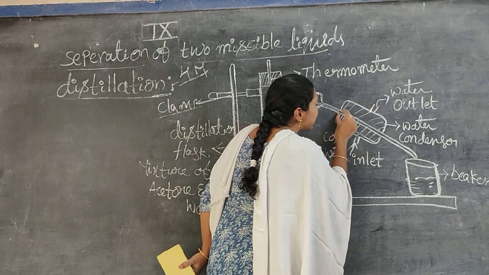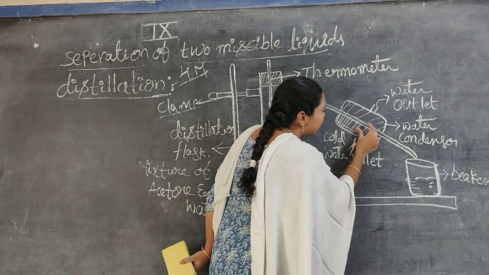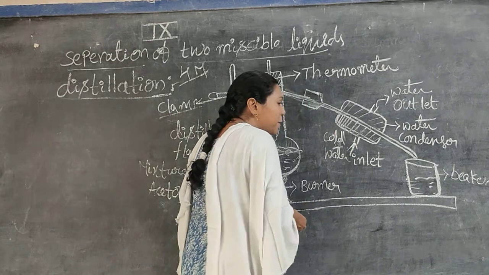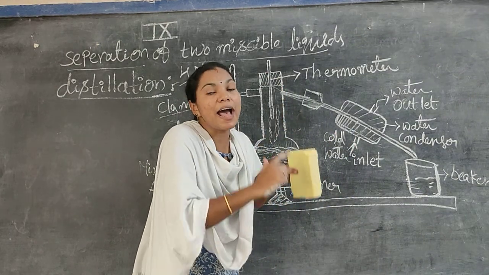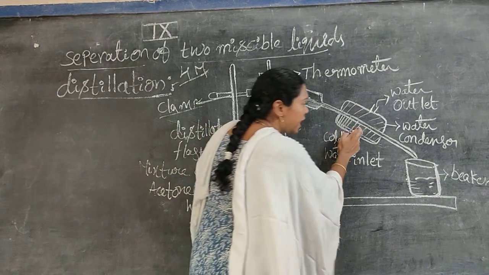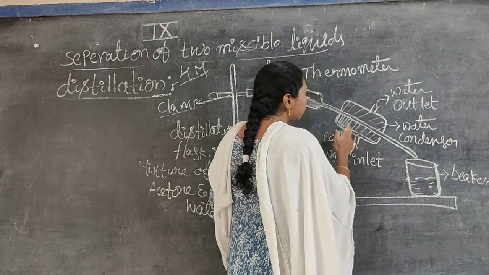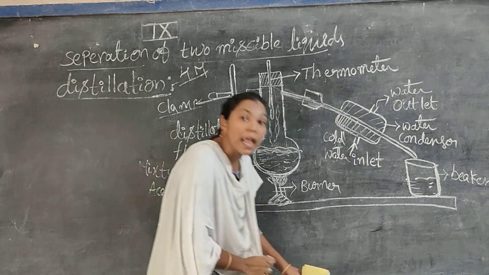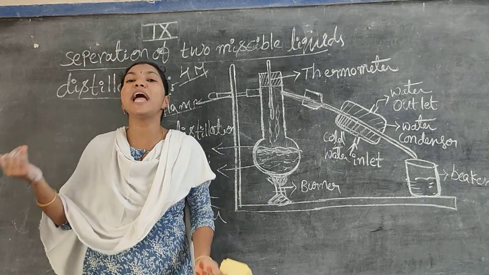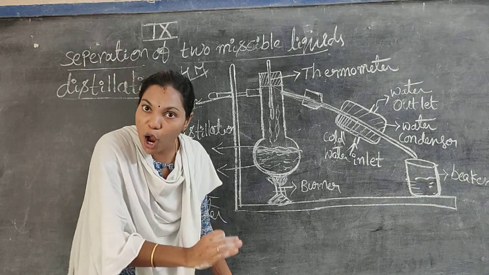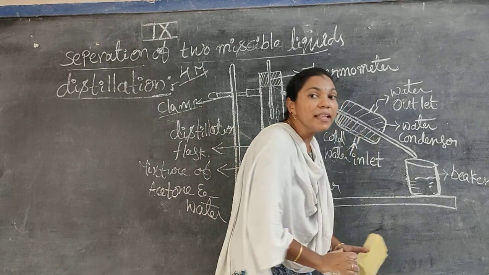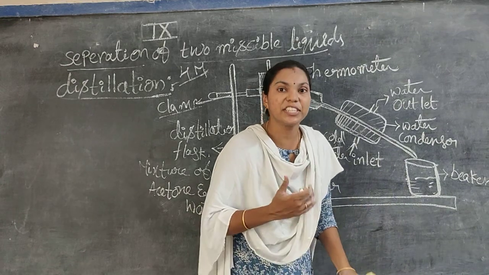So when the hot vapors coming from the distillation flask enter the water condenser, the cold water cools the hot vapors of acetone. That's why this instrument is called a condenser, because here the hot vapors are condensed, that is, cooled and converted into the liquid state. Are you understanding now? The hot vapors are condensed here only. This is called a condenser: the vapors are converted into the liquid state.